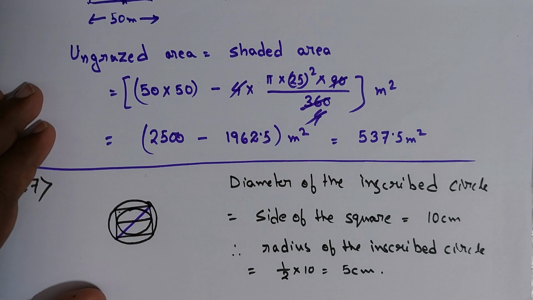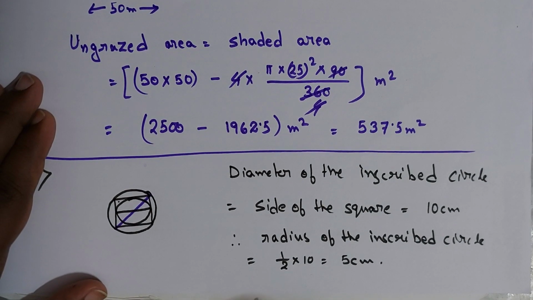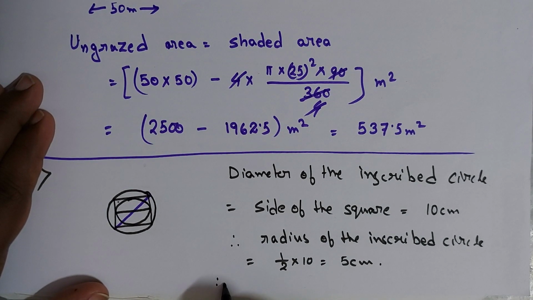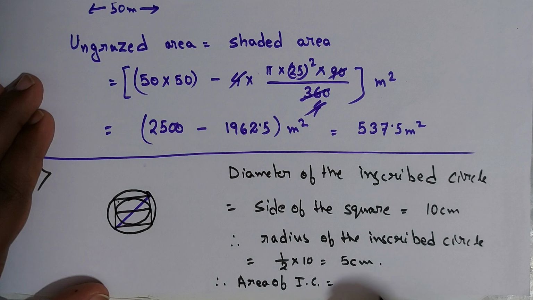So the area of the inscribed circle, that we want to know. Therefore area of inscribed circle equals pi r square.